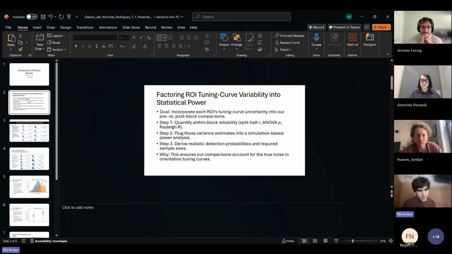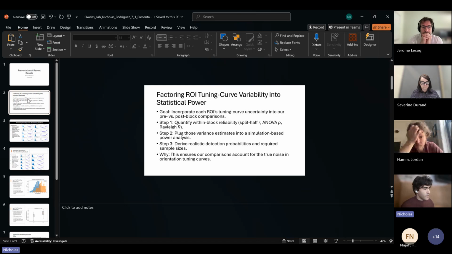So this presentation is just focusing on the work I'm doing towards statistical power analysis, where my focus is to eventually make use of a simulation to perform a statistical power analysis and incorporate uncertainty about orientation tuning vectors into that simulation.